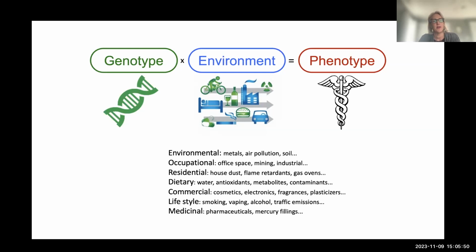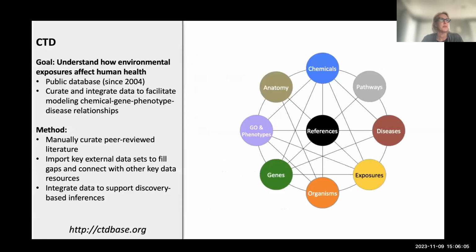For the purposes of CTD, we have a little narrower of a focus in the sense that we are looking at chemicals that are in the environment, and they can, of course, come in lots of different forms and exposure routes.